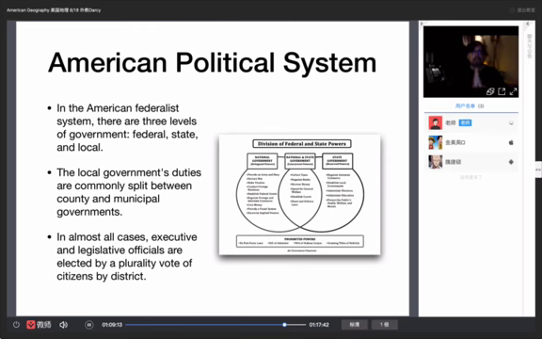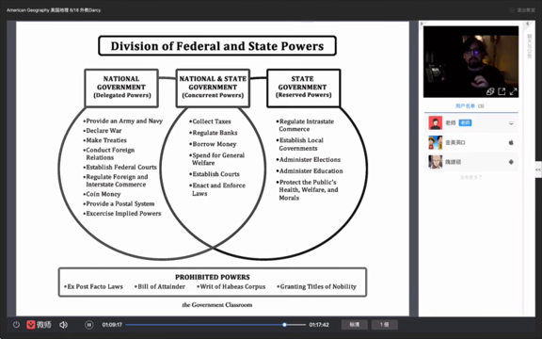And then, of course, this is the federalist system. The national government has jurisdiction over these areas to provide an army and a navy. So the president is like the commander-in-chief over the army, and in his cabinet are the heads of the departments of defense and homeland security and so on.